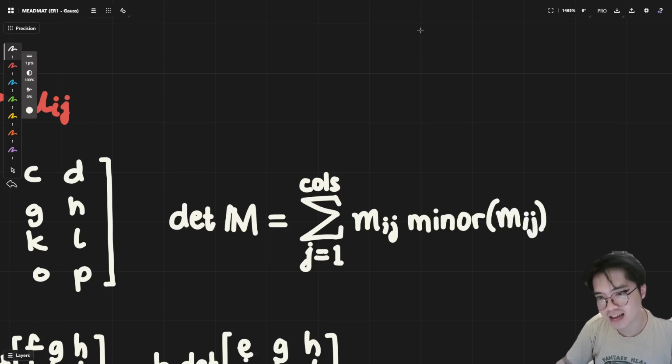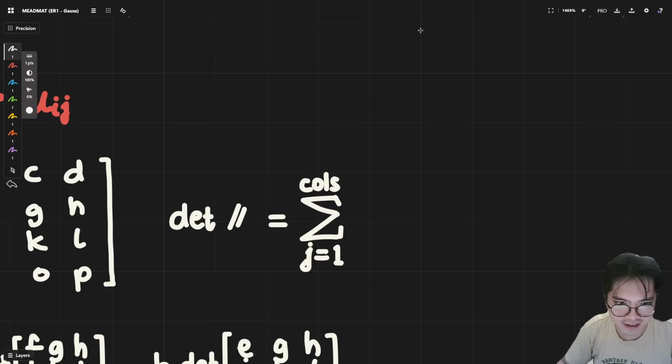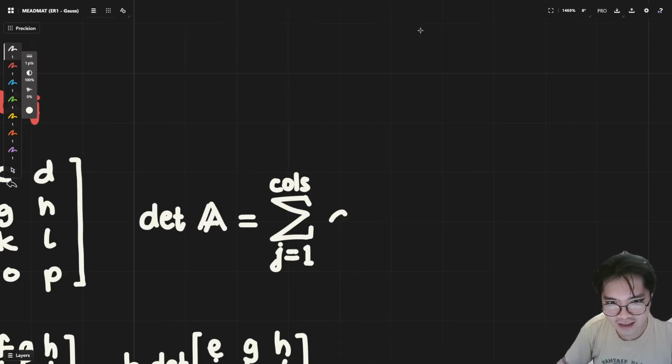And it does not help that the minor is usually denoted with a big letter M. So I feel like we should have another thing in here. Maybe a letter A. Yeah, letter A. So then you will have in here the element AIJ and then the minor at IJ.